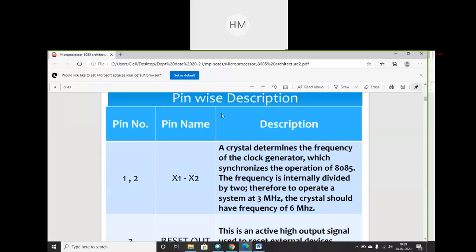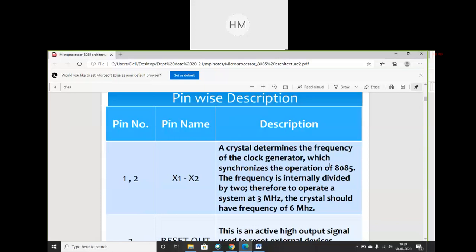So what do pin number 1 and 2 represent? Clock generator. X1, X2. A crystal determines the frequency. See, for high frequency generation, we have to use crystals. Okay, what are frequency generators, and how can we generate frequency? By using oscillators. Clear?